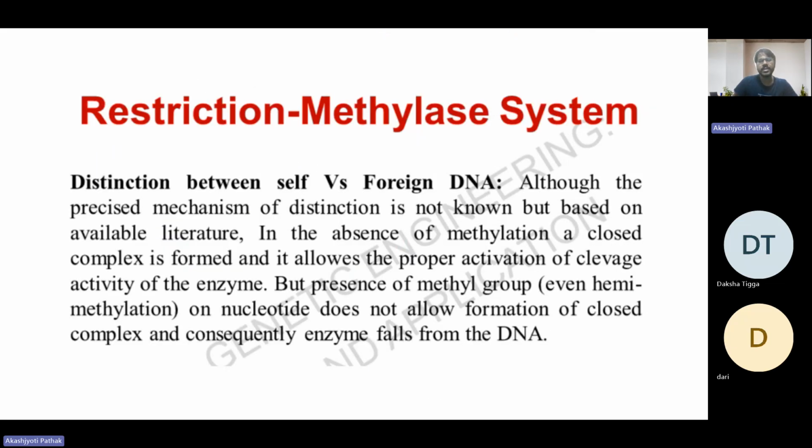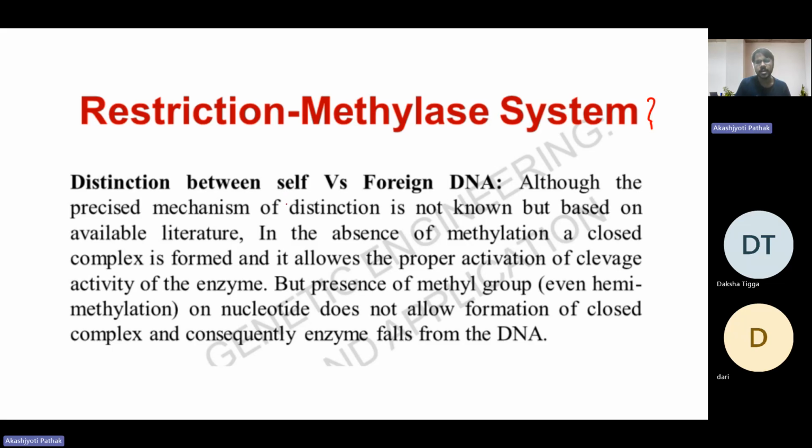Now this restriction methylase system, this is again from the lecture slide. So what does it say? How is this restriction enzyme able to distinguish between self and foreign DNA? One of the concepts is that the precise mechanism of this distinction is not known.